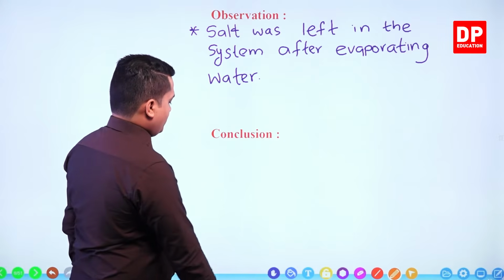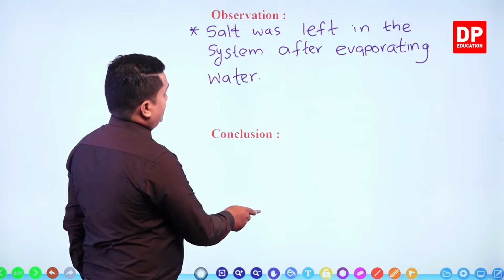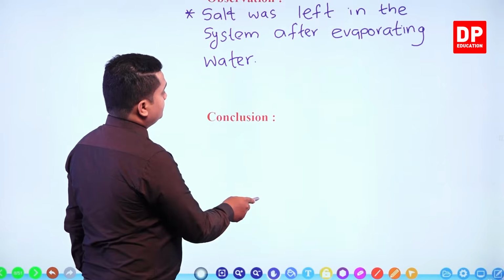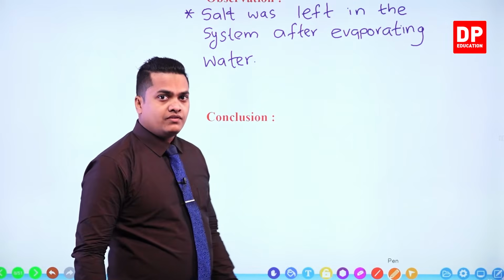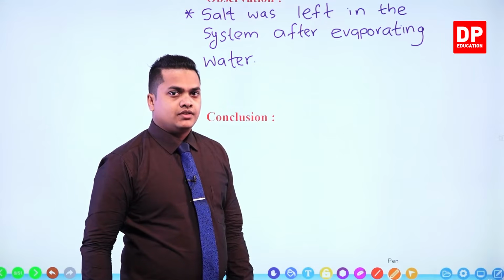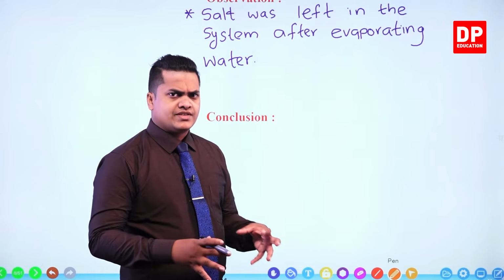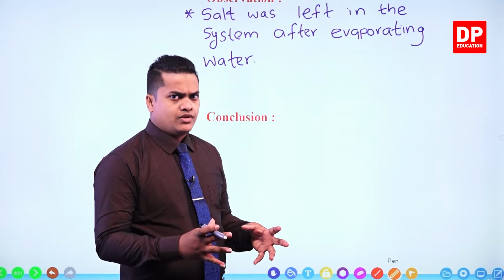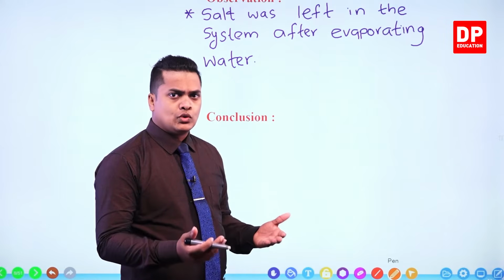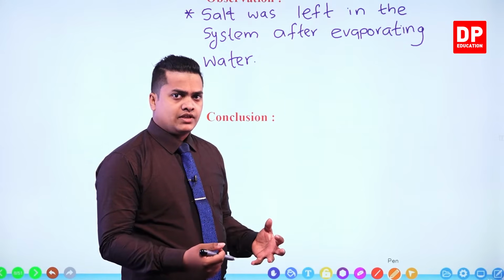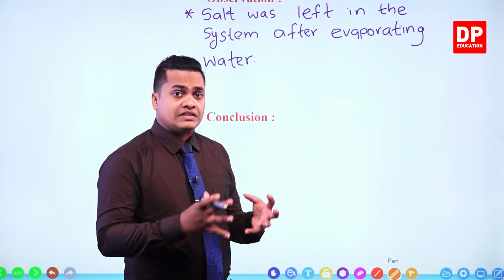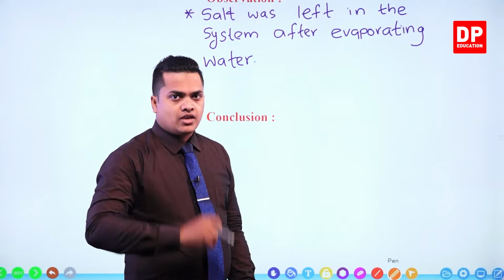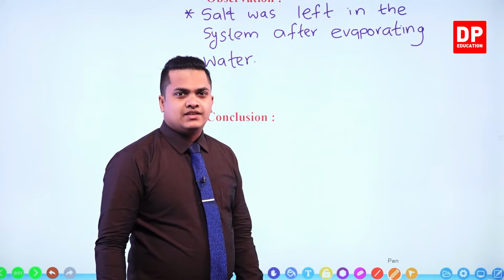So what is the conclusion that we can take from this activity? Our conclusion is that when dissolving salt in water, or if you dissolve something in water like salt, sugar, glucose, that sort of change is not a chemical change, but it is a physical change.